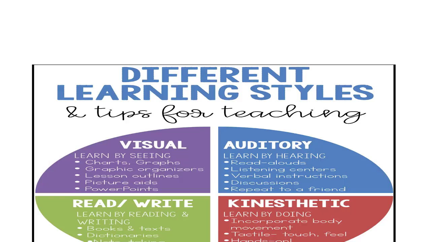And then we also have what we call the auditory learning style, where you learn by hearing, you read aloud, listening to whatever is being said, verbal instructions, discussions, repeating something to a friend. So that is called auditory. You learn by hearing.